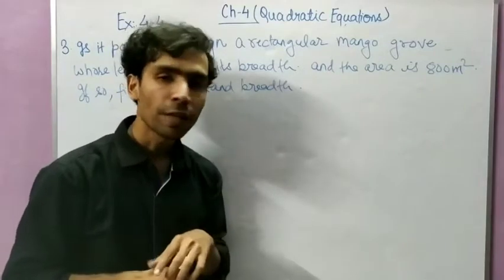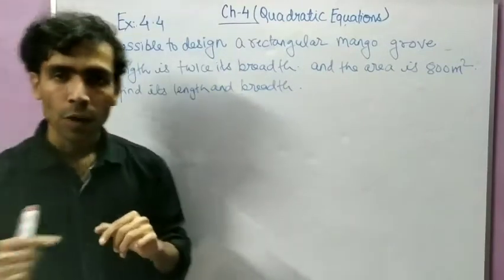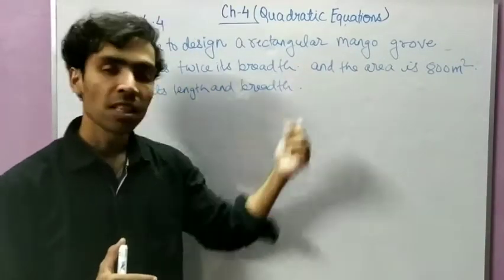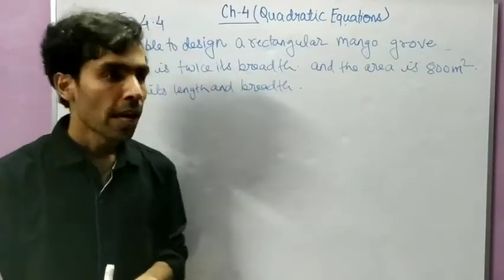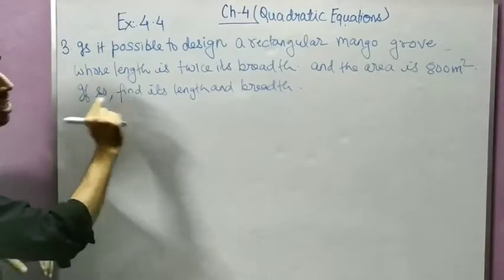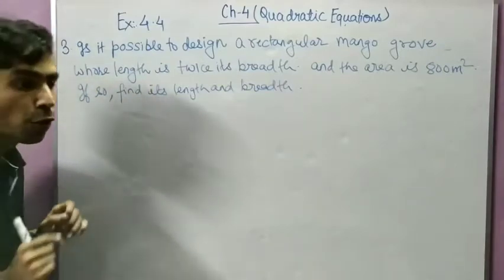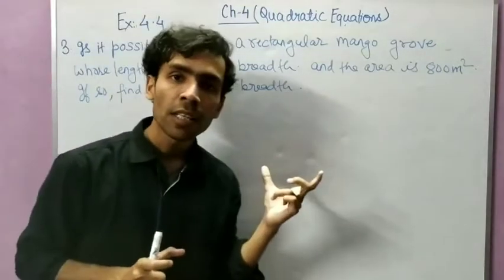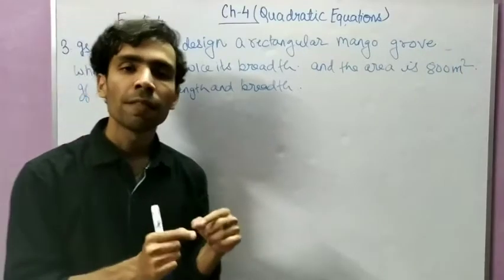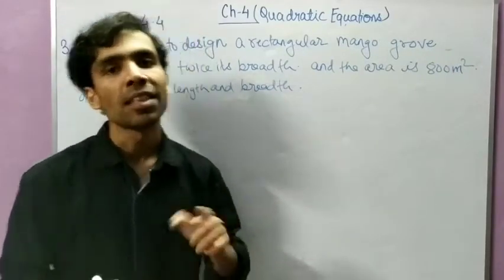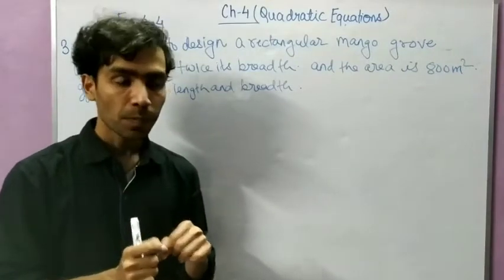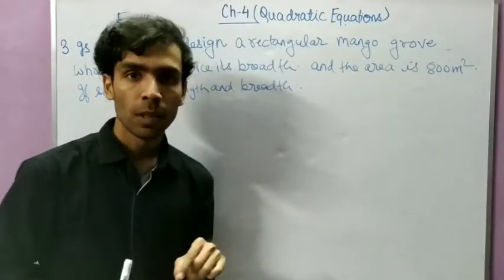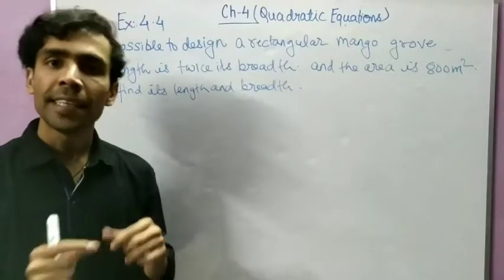So first we will form a quadratic equation. Whatever conditions are given, with the help of that we will form a quadratic equation. And because the question is asking, is it possible to design, whatever quadratic equation we get, we will find its D. D means discriminant. When D is either 0 or greater than 0, then it is possible.